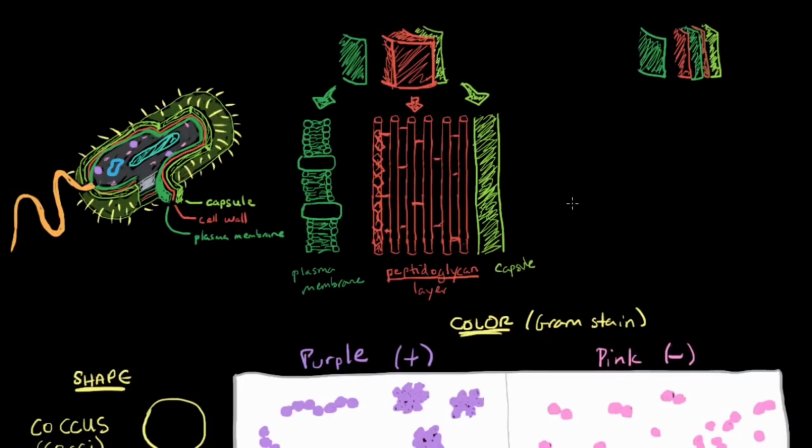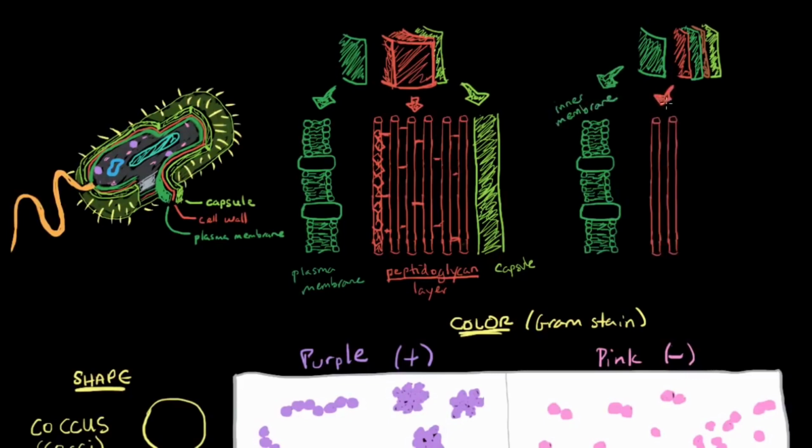Now let's talk about what the other type's structure looks like. You have the inner membrane, and then you have this very thin peptidoglycan layer, and again this is made up of sugar all along this rod area. I am not going to write that out again because it's a super long word and takes up space.